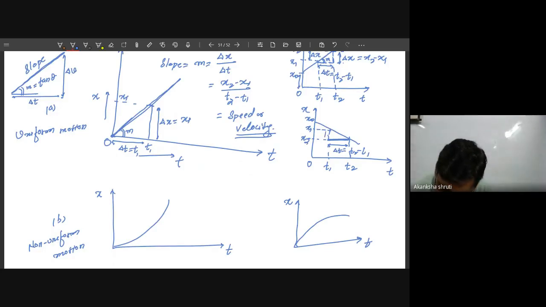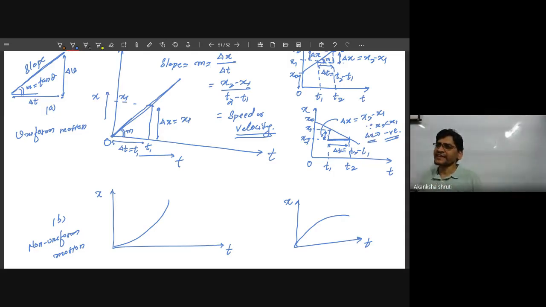Still we have this change in position, though it will be negative. So what is this delta x? In this case, delta x is calculated by the same formula, x2 minus x1. But since x2 is smaller than x1, it will be negative. Means this change will be negative.